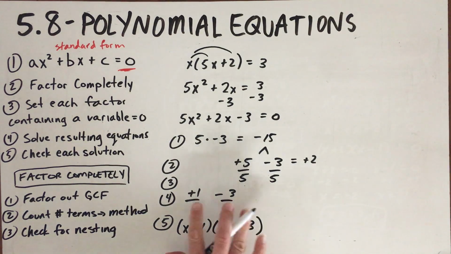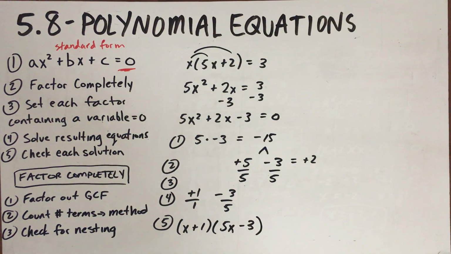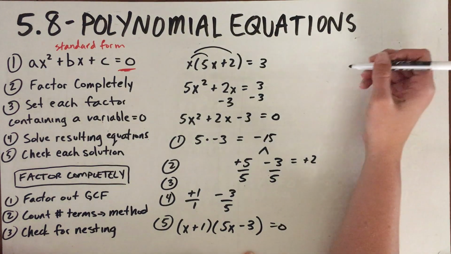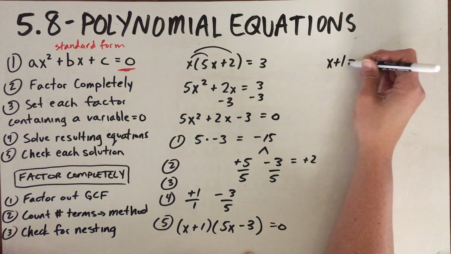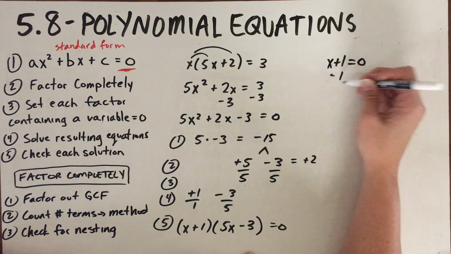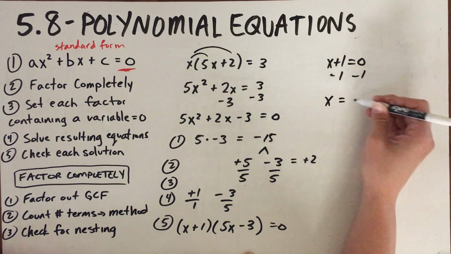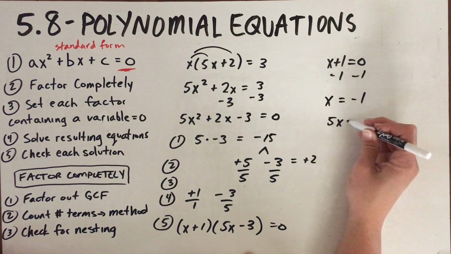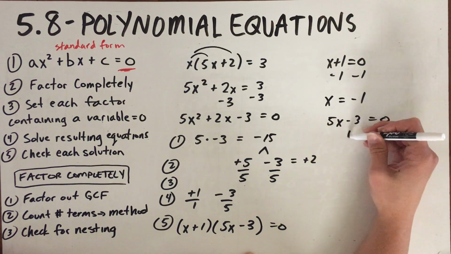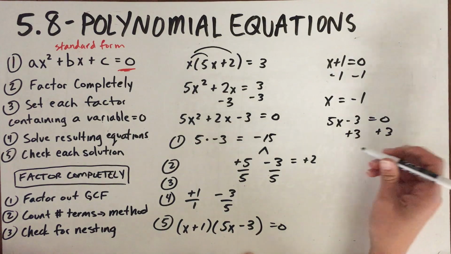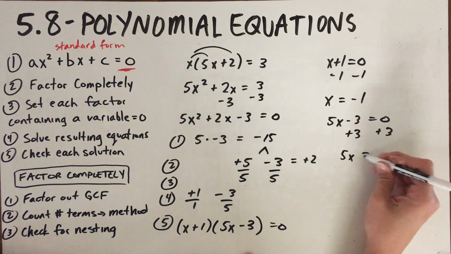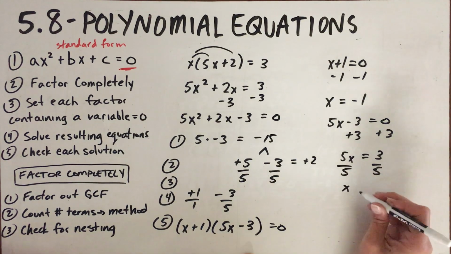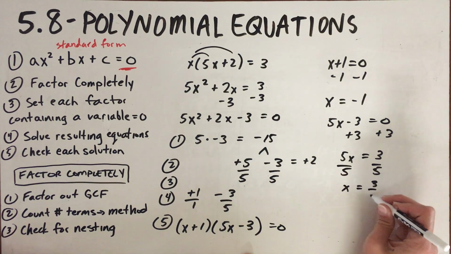Okay, so I rewrote these reduced fractions as factors. Now, remember that this is all equal to 0, so I'm going to set each factor equal to 0. So x is going to be equal to a -1, and I'm going to set this 5x minus 3 equal to 0. Add the 3, and I get that 5x is equal to 3, divide by 5, and x is 3/5.